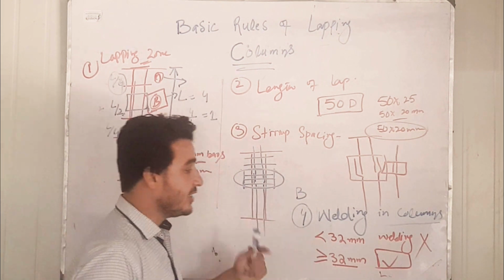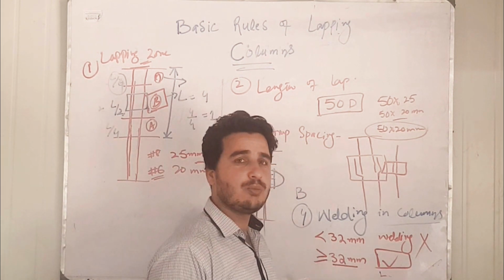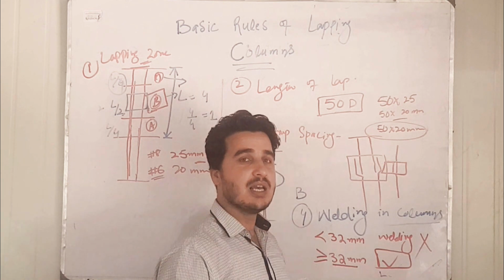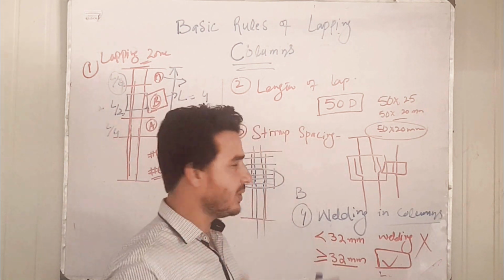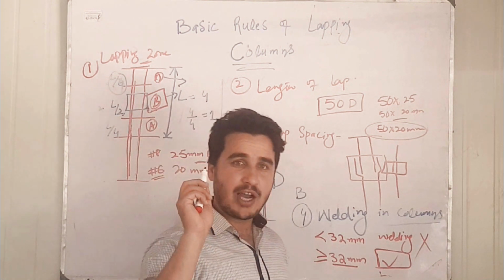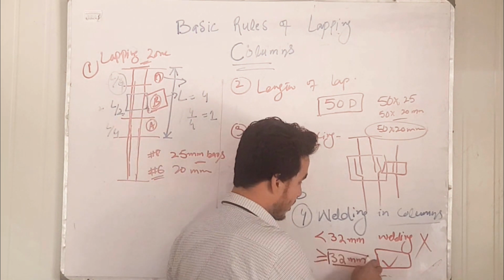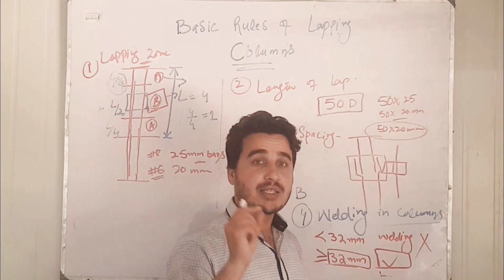And the reason is because 32 millimeter and higher diameter bars are harder than this normal bar, so you cannot use simple lapping for this. You will have either to use the mechanical welding process or the coupler process.